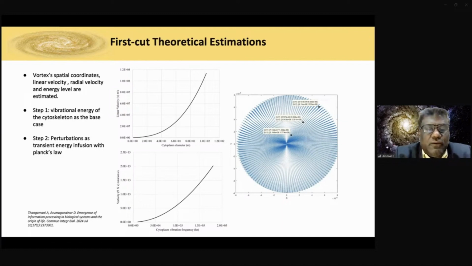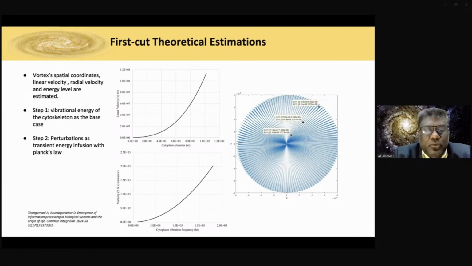The vibrational energy of the cytoskeleton is the base case. To calculate this, we have computed the mechanical energy associated with the vibration using a reduction factor. We have imparted some amount of this energy onto Planck's law, and there we have computed the velocity in radial and linear terms.